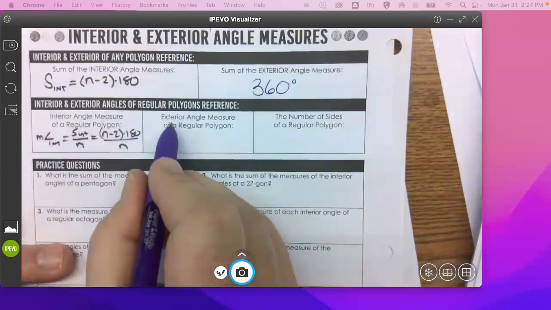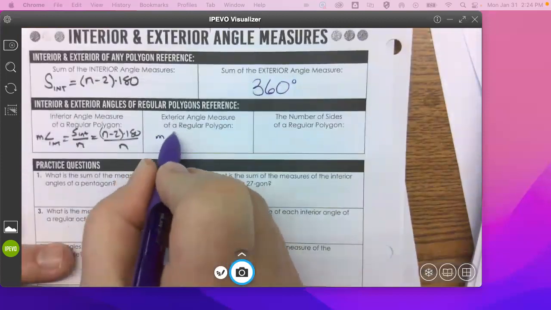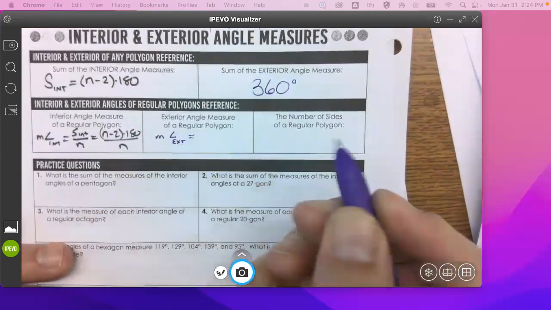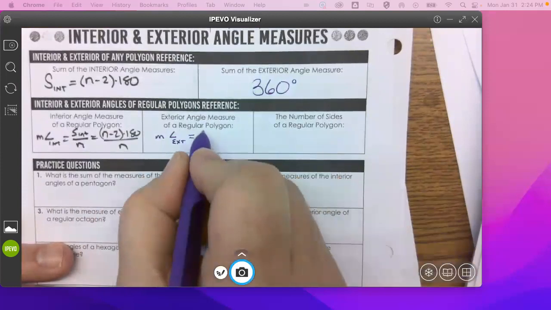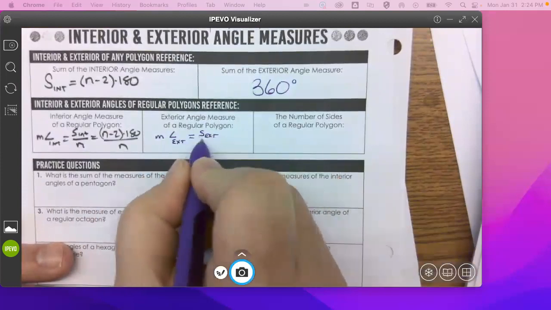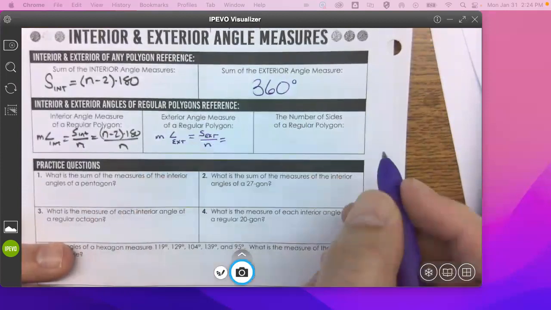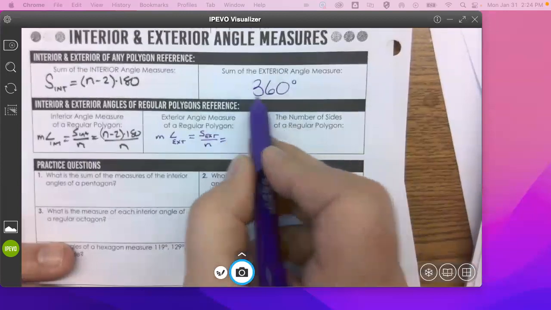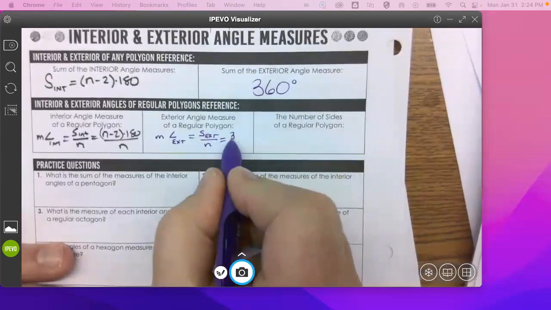Which means if we want to find the measure of a single exterior angle in a regular polygon where they're all the same size, we're still going to take the sum of the exterior angles and divide it by n. But in this case, what would that be? 360 over n.